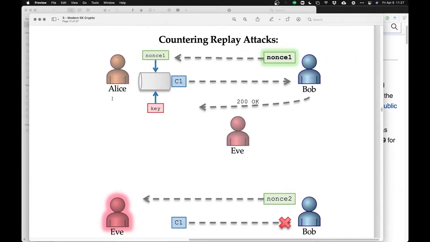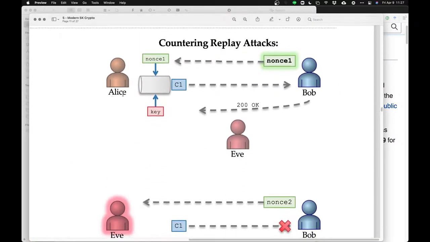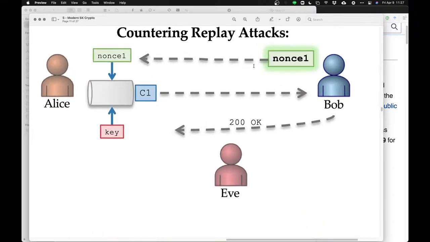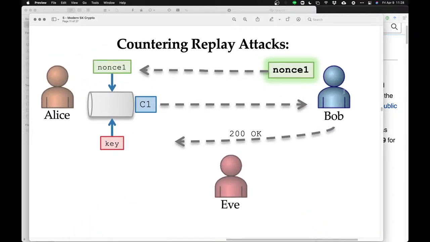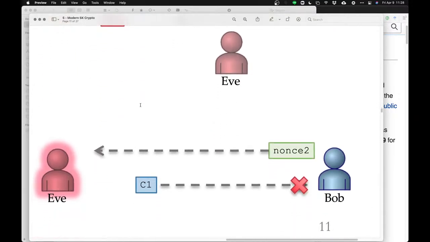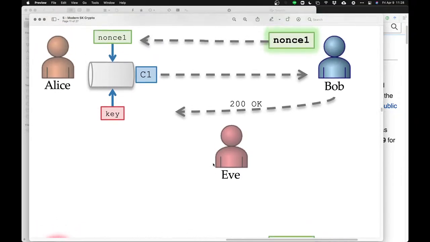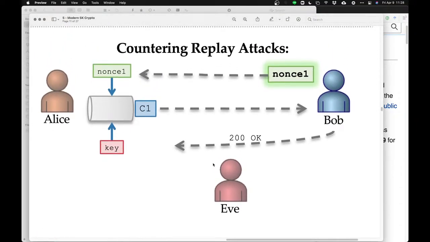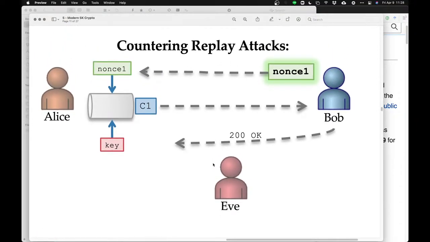However, the other problem, the replay attack problem, required another solution. Here, Bob, the person receiving the message, has to send Alice the nonce, right? This prevents Eve from just sending the ciphertext to Bob a second time. Because to prevent replay attacks, Bob has to send the nonce first to Alice.